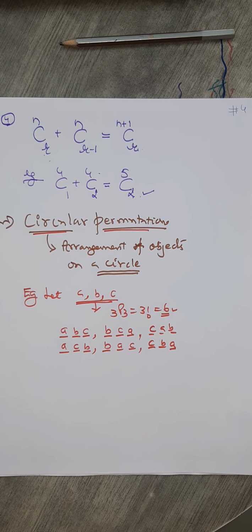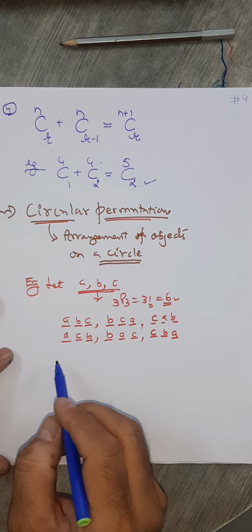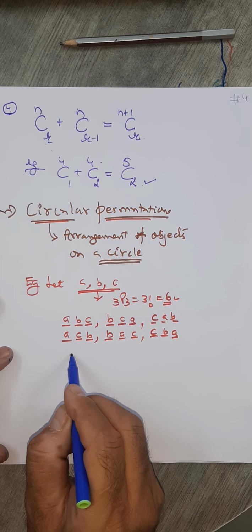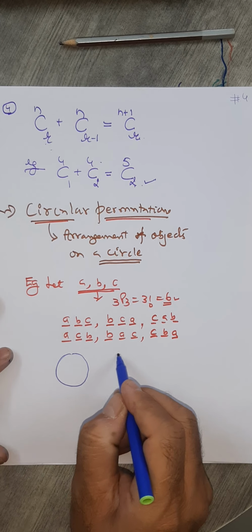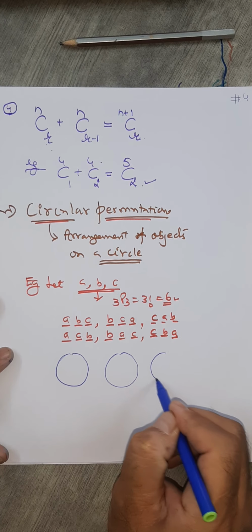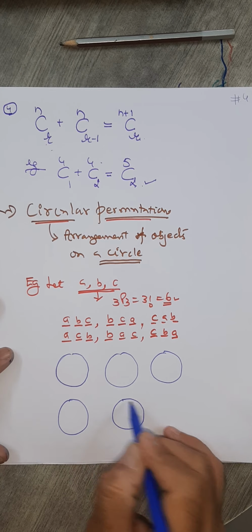Now what I'll do is try to arrange these objects on a circle. Let me see these permutations on a circle. I'm trying to arrange on a circle, so I would have 6 circles here: 1, 2, 3, 4, 5 and 6.